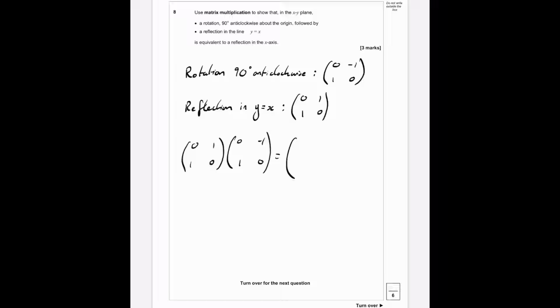Okay, so carrying those out, the one we're carrying out first we put on the right hand side, and so we're going to get 0, 1, 1, 0 times 0, -1, 1, 0. Because this is a show that question, I'm actually putting in a bit of detail on the calculation here, showing that I'm carrying out the matrix multiplication in the correct manner.